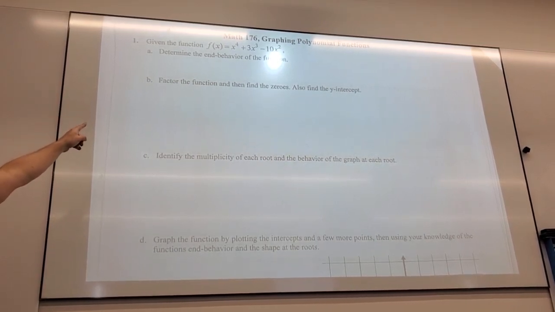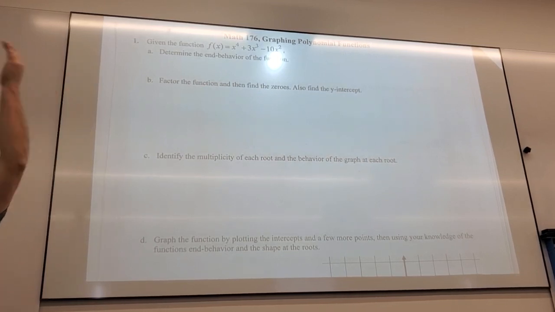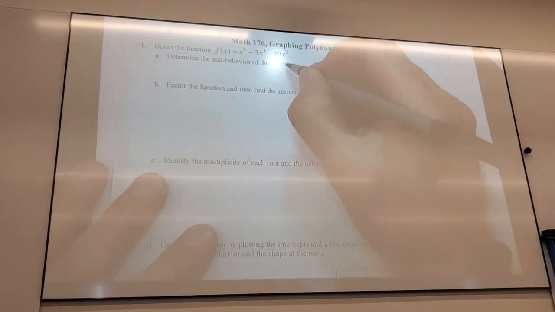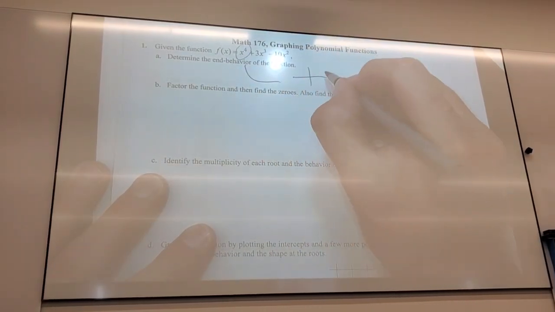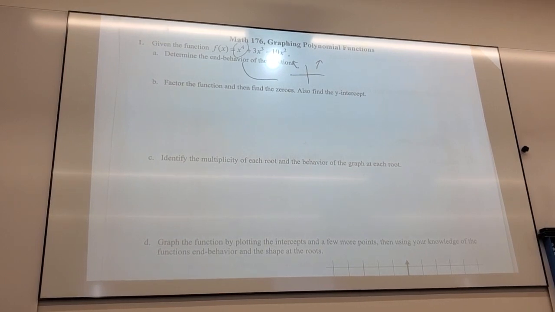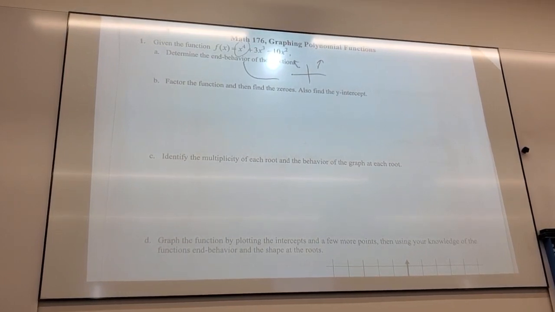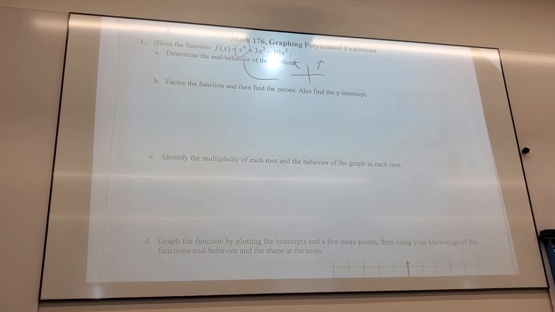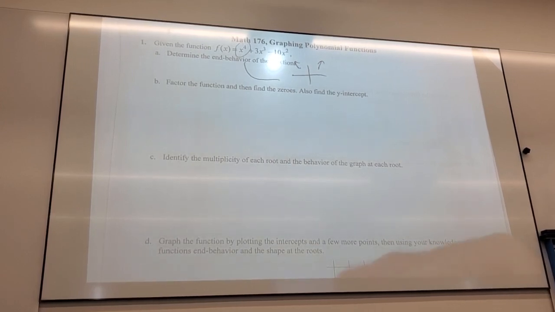The parabola. Smiley face, yes, it'll be up. So since it goes like x to the fourth, it's going to be up. That's it for the first part. End behavior is pretty quick if you could just determine what the highest power is.